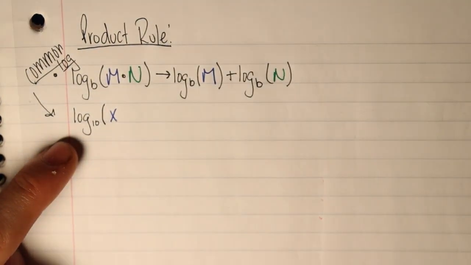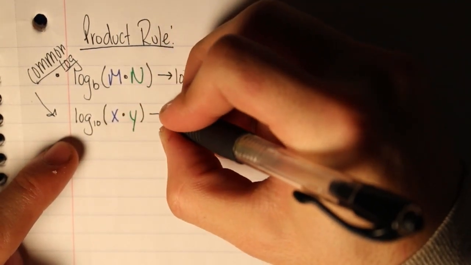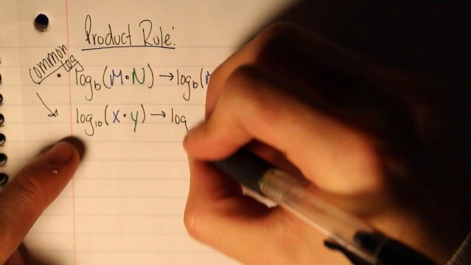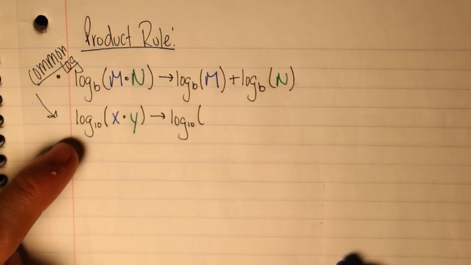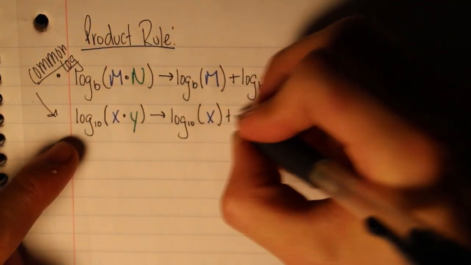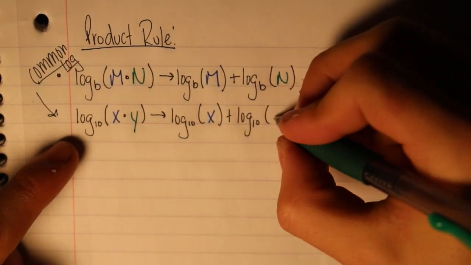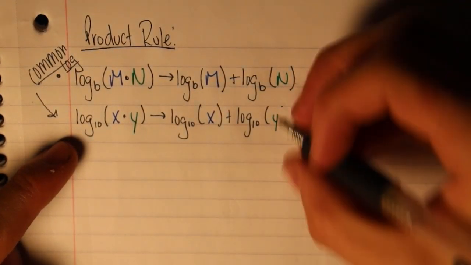If you have log base 10 of x times y, we can then break that up into log base 10 of x plus log base 10 of y. And that's all we're doing with the product rule.